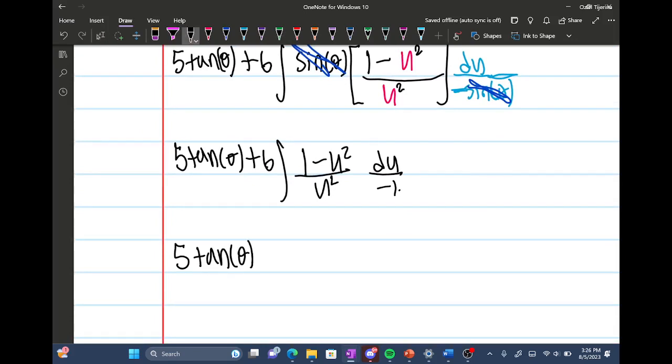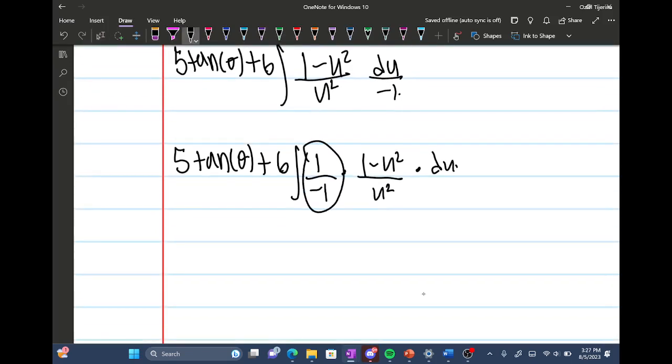We know that this would be plus 6 integral of, we can split it up, 1 over negative 1 times 1 minus u squared over u squared times du. So we know that this is actually a constant, so we can take that out. So we have 5 tan of theta plus 6 times negative 1 integral of 1 minus u squared over u squared du.